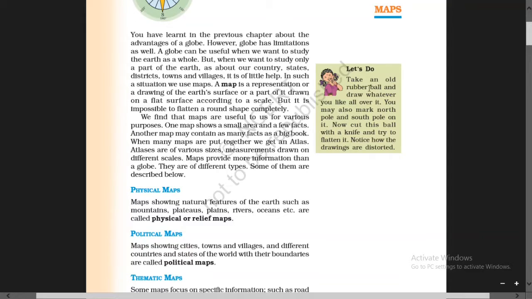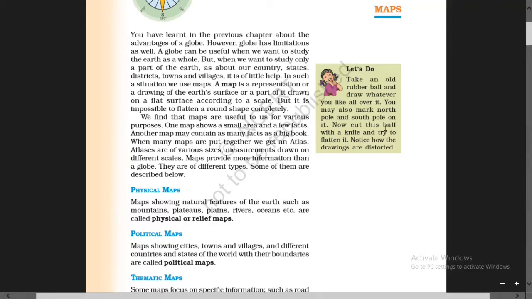Take an old rubber ball and draw whatever you like all over it. You may also mark the North Pole and South Pole on it.